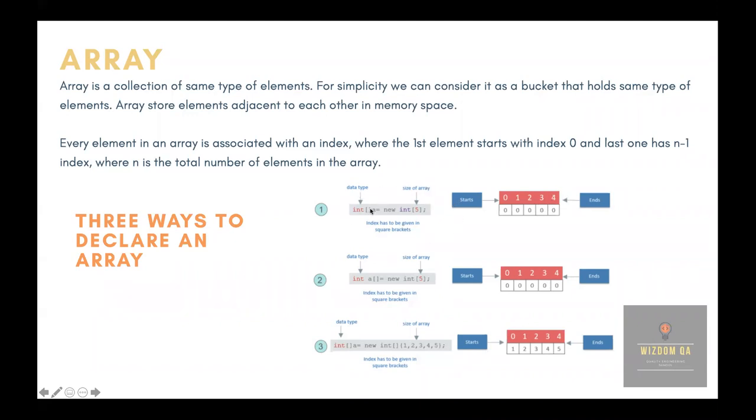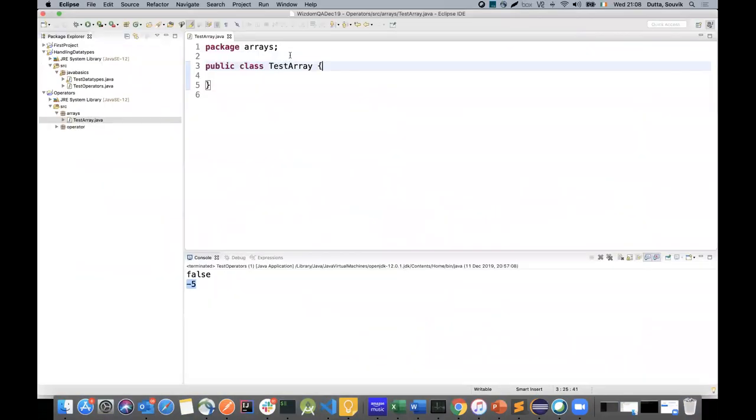How do I declare an array? I can declare an array in 3 ways. 1: int[] a = new int[5]. Let me show this to you at runtime. I'll go back to my code and start writing.